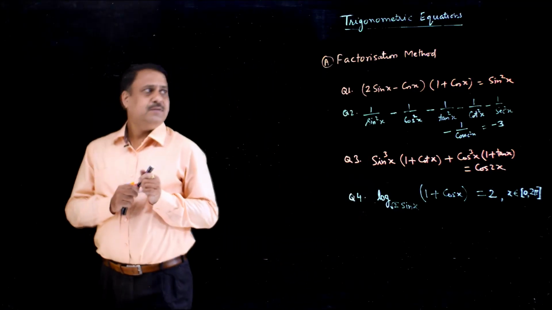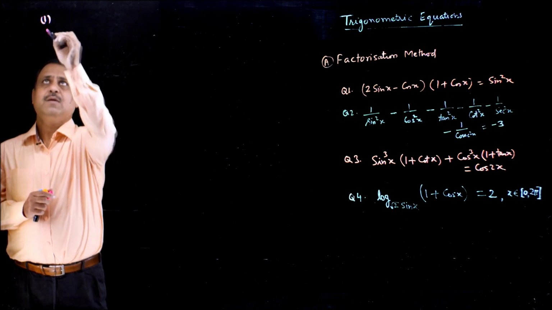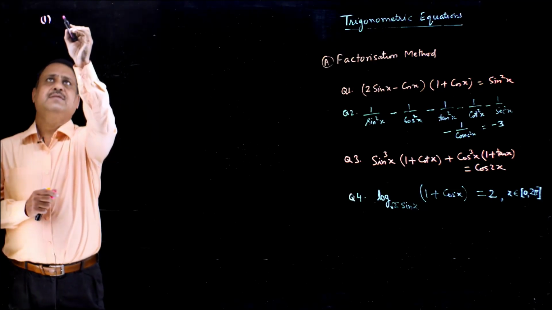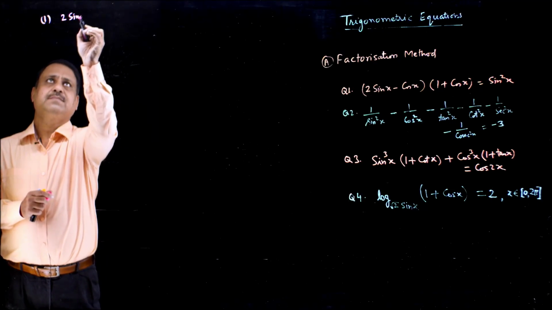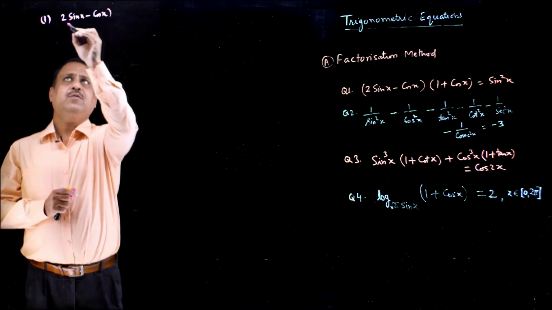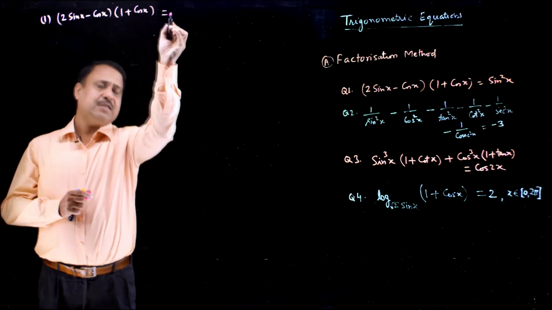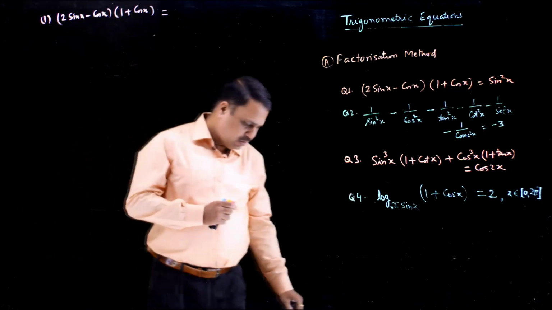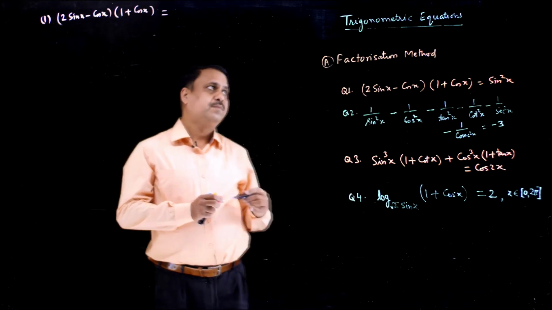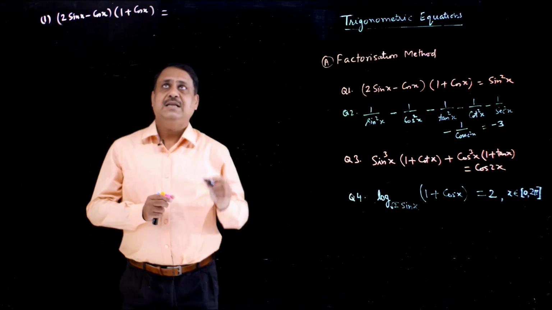So in question number 1, we can write 2 sin x minus cos x into 1 plus cos x is equal to sin square x.